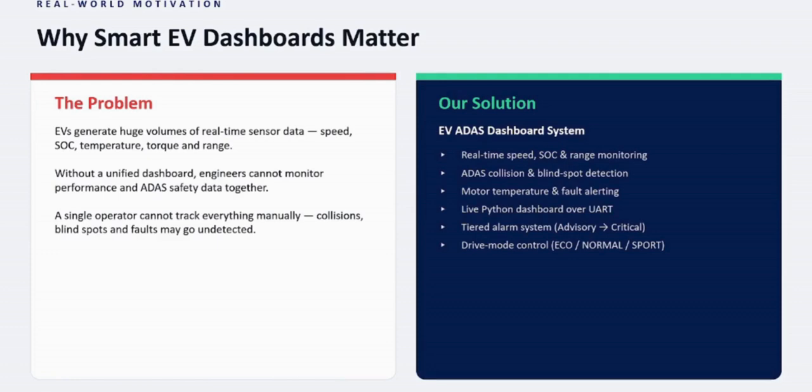The system also supports different drive modes such as eco, normal, and sport. Based on the severity of the detected danger, it generates four alarm levels: none, advisory, warning, and critical. So instead of monitoring many individual sensors, the driver or engineer can understand the entire vehicle status from one dashboard.